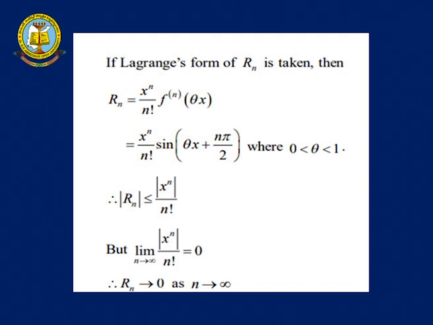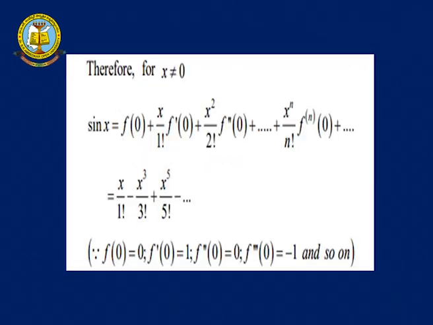Therefore Rn tends to 0 as n tends to infinity. Therefore, for x not equal to 0, sin x equals f of 0 plus x by 1 factorial into f dash of 0 plus x square by 2 factorial into f double dash of 0 plus and so on, x power n by n factorial into f power n of 0 plus and so on.